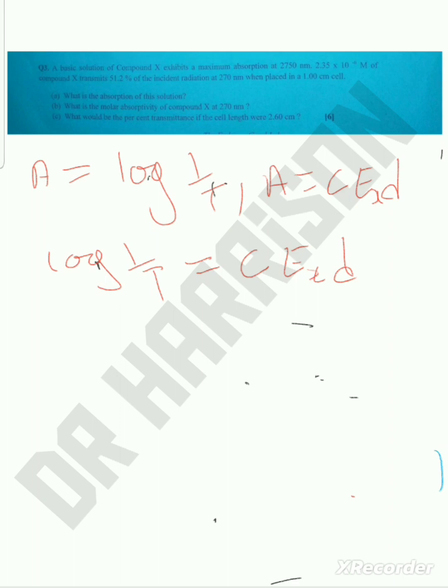So this is going to be log 1 over transmittance is equal to our concentration, remember, was 2.35 times 10 to the power negative 6 molar multiplied by our molar absorptivity. We have found it was 1.224 in fact.